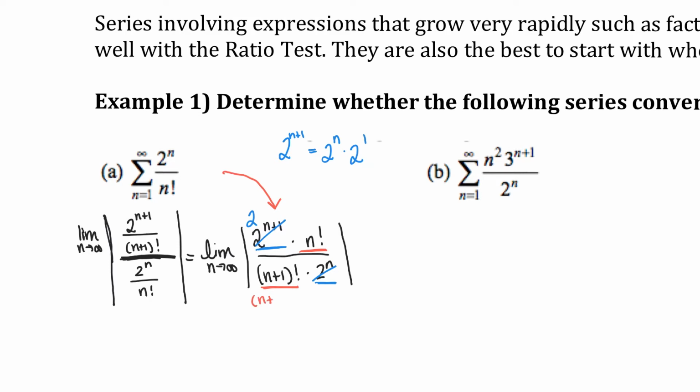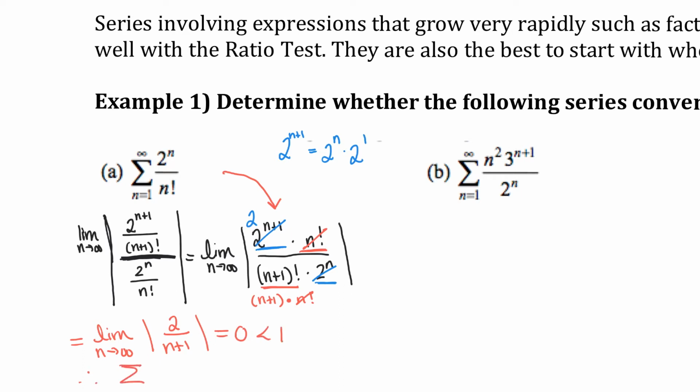So n plus 1 factorial is just n plus 1 times n factorial. So your n factorials are canceling out, and all you're left with is an n plus 1. So this is equal to the limit as n approaches infinity of 2 over n plus 1. And when I take that limit, I get a 0. And 0 is less than 1.